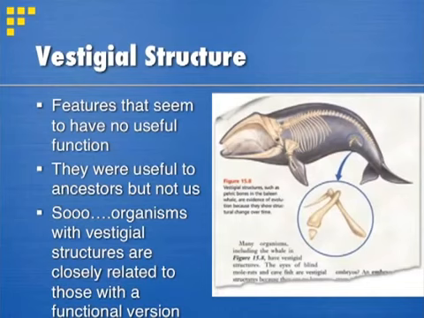Similarly, our appendix has no use really, but we still have it. So there are many vestigial structures, which are basically features that have no useful function, but they probably did in their ancestors. Therefore, if some other organism has that structure and uses it, it's most likely a common relative.